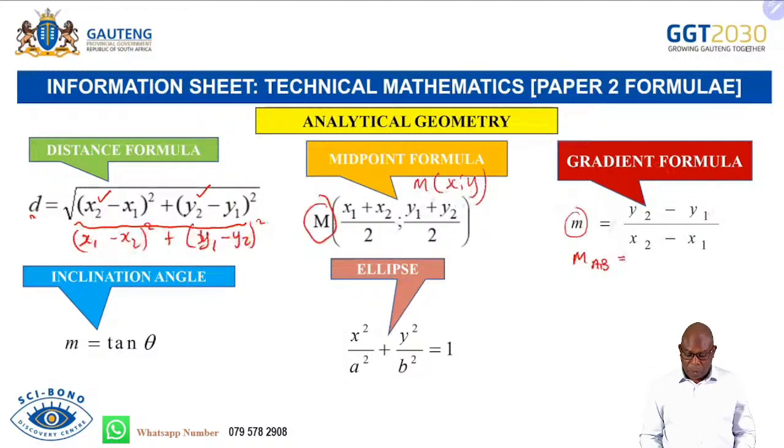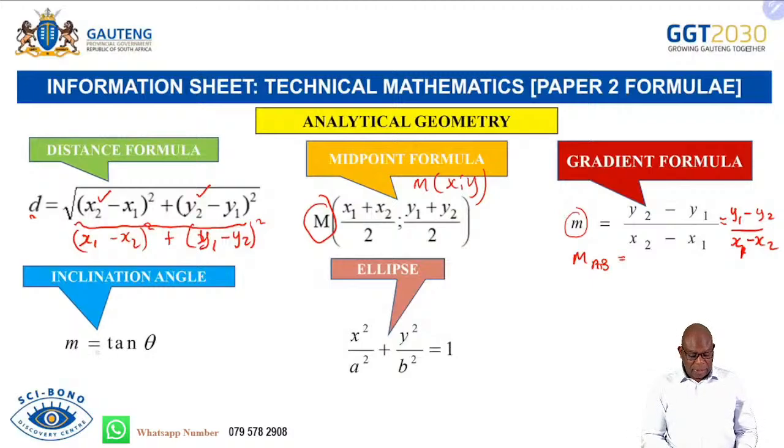So I'll have y2 minus y1 over x2 minus x1. Similarly, if I start with y1 minus y2, I must have x1 minus x2 in my denominator. Please don't swap them around, because once you swap them around, you get wrong answers.